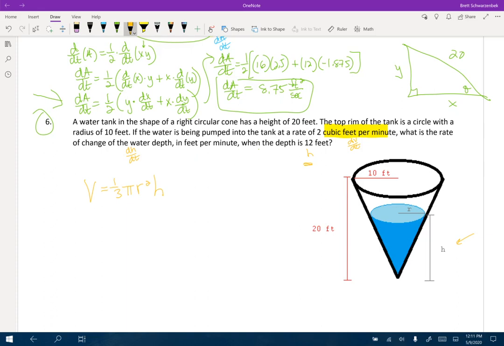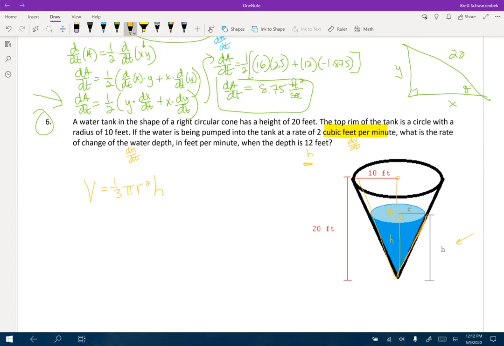So when you look at this picture, it is important to see that there is a lot going on. For example, if you look at this right here, this is h. We actually have a perfect right triangle right here. And if you look above it, this is 20, the whole thing, we have another right triangle.